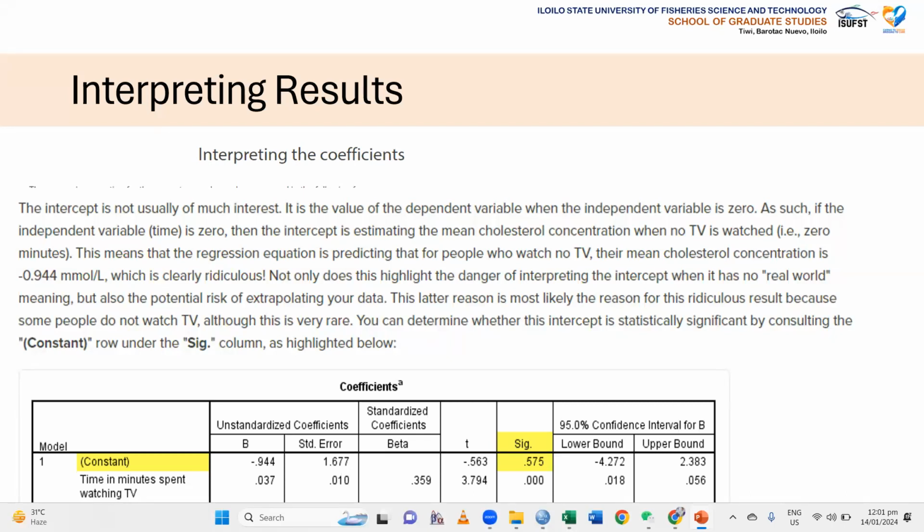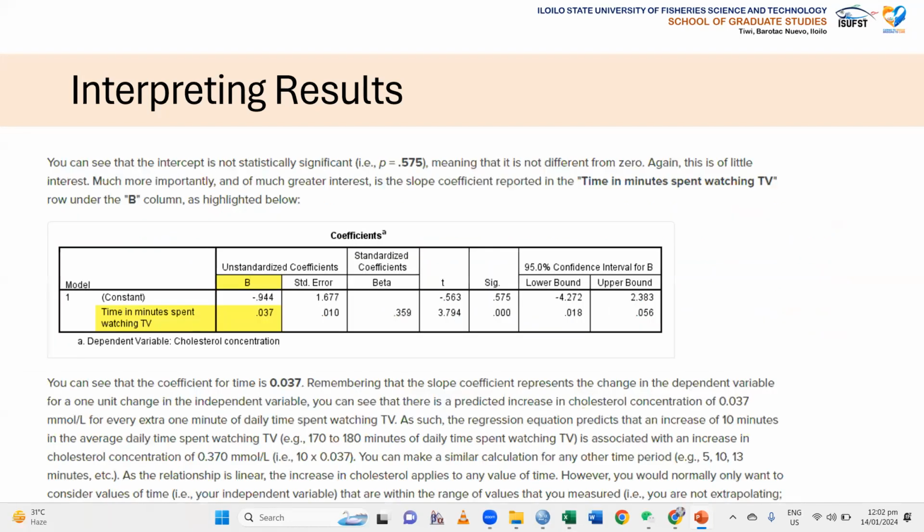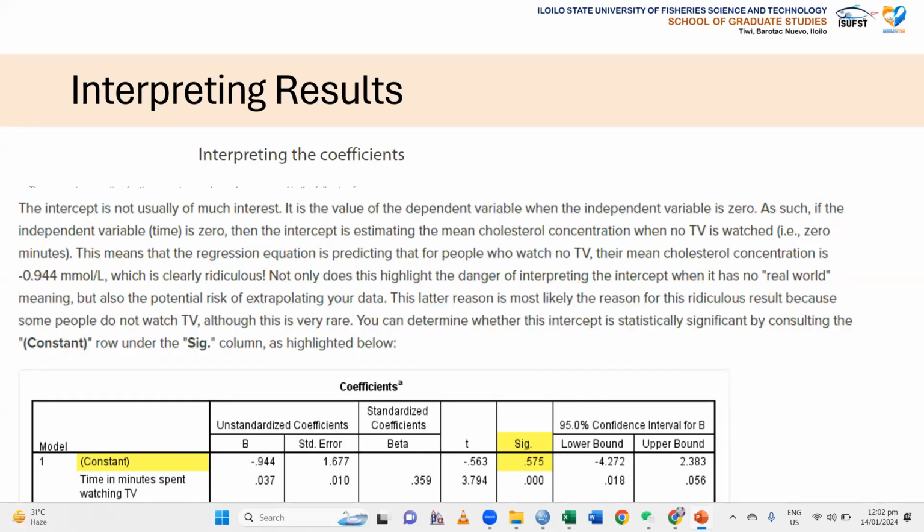Right? So what does this mean? The intercept is not usually of much interest. It is the value of the dependent variable when the independent variable is 0. That's your y-intercept.